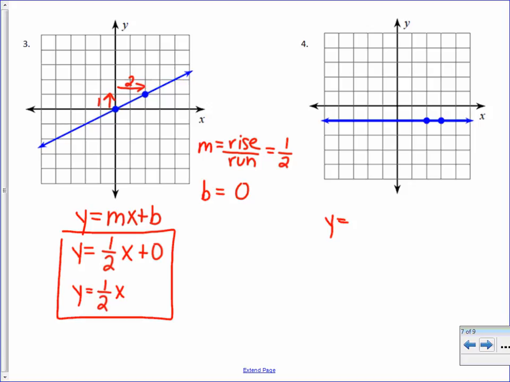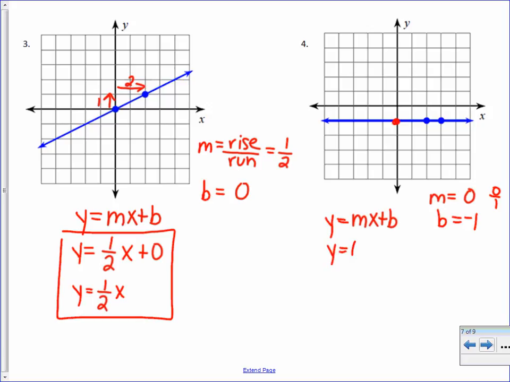Lastly, y equals mx plus b. My slope, or my m value in this case, is 0. I am not rising. It's a 0 over 1. And again, remember, I can make it look like the letter Z for 0. My slope in this case is 0. The y-intercept is right here, is a -1.